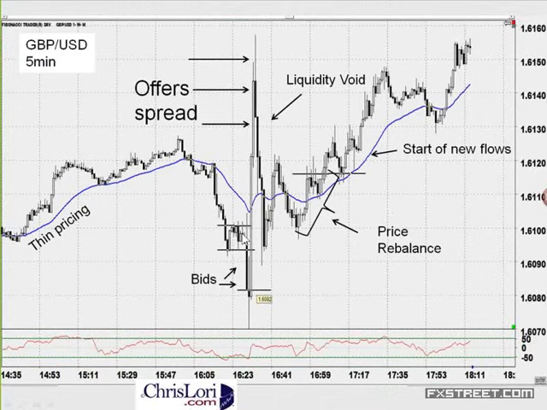When payrolls comes out, remember that liquidity on either side of the market is extremely thin, particularly in payrolls. It's one of the thinnest times in the market. As the data hits, price is so thin that all we need is a small pop on one side of the market, and the market has to go find a counterparty to the order. So volatility is quite high.